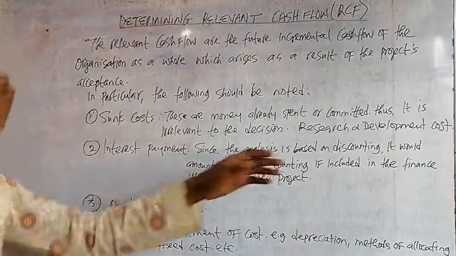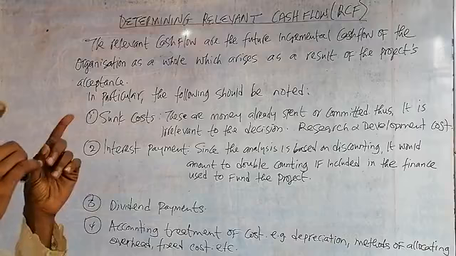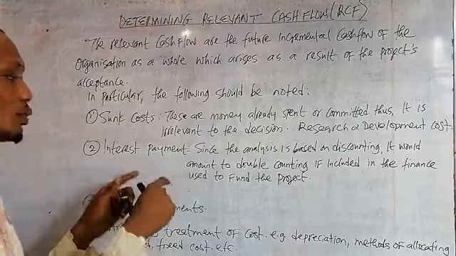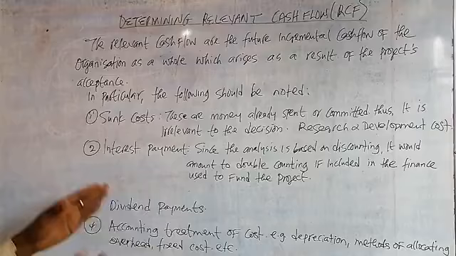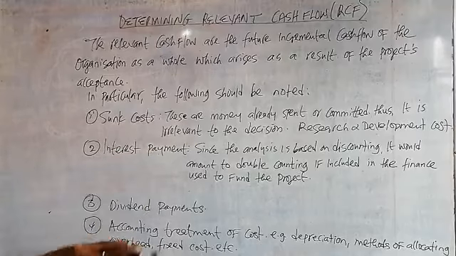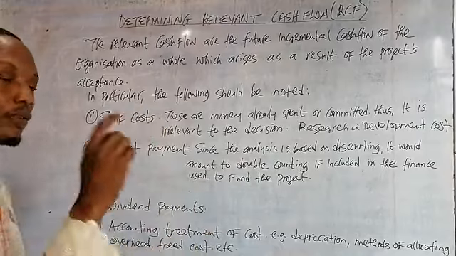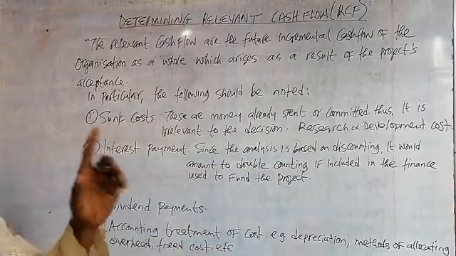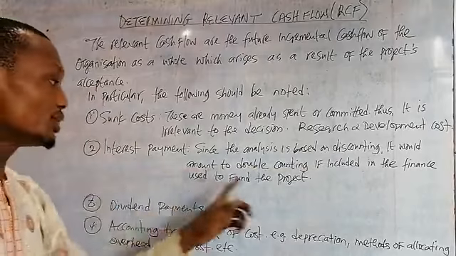Okay, since our appraisal technique is based on discounting, the element of interest is already embedded in the discount factor. So if you now see an element of interest in a particular question, this interest will be irrelevant for decision making, because the discount rate or cost of capital used by the company in appraising that project already contains the element of interest.